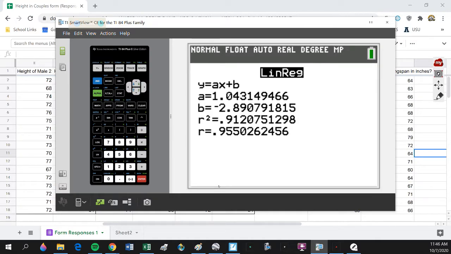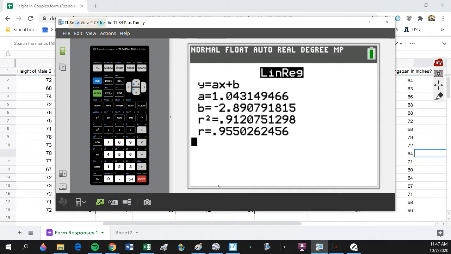Okay, so does wingspan increase with height? Yes. How can you tell? It's positive. Okay. Can we accurately predict somebody's wingspan using their height? Yes. How do we know that?